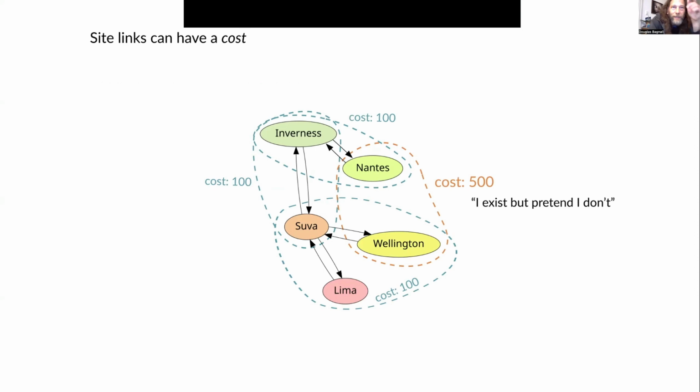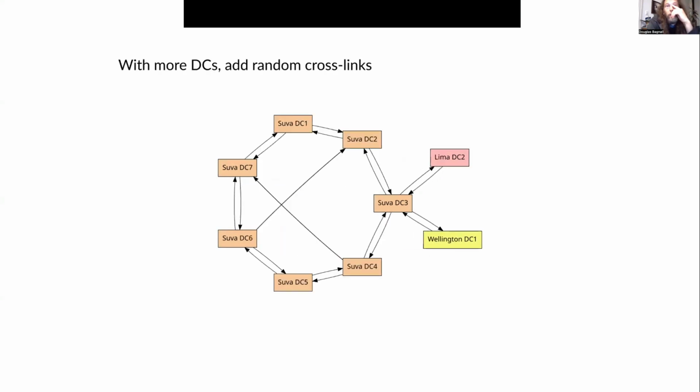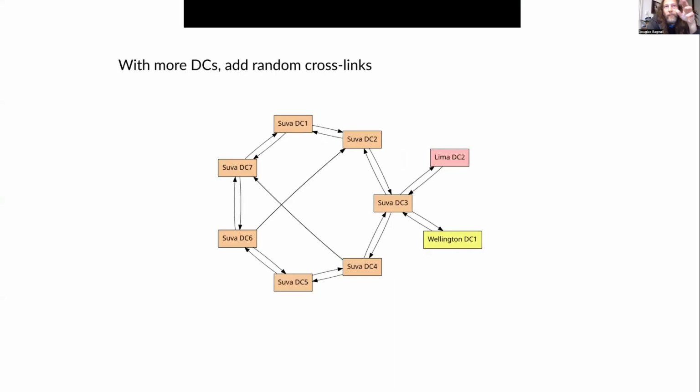So within each site, see this server site, if you remember back there, there were 3 DCs in there, and inside the site they're linked in a ring. If you put more DCs on, it gets to the point where it's more than 3 hops between, say, DC3 and DC6.